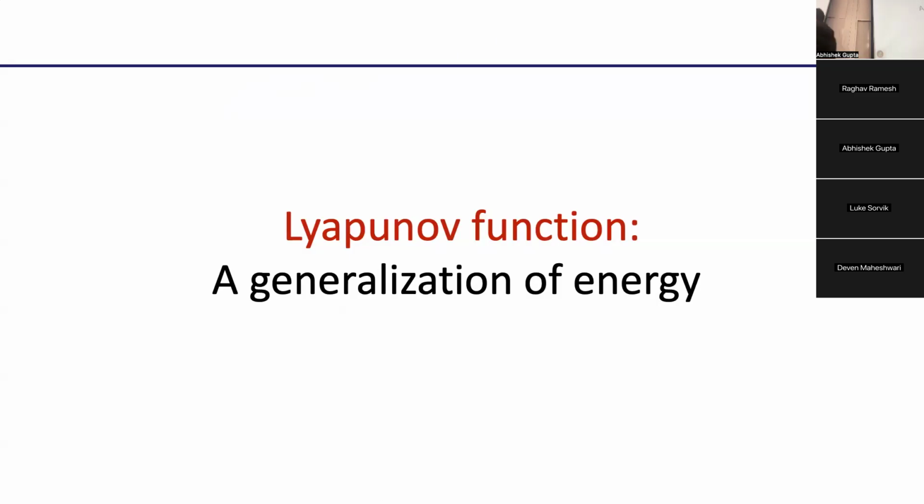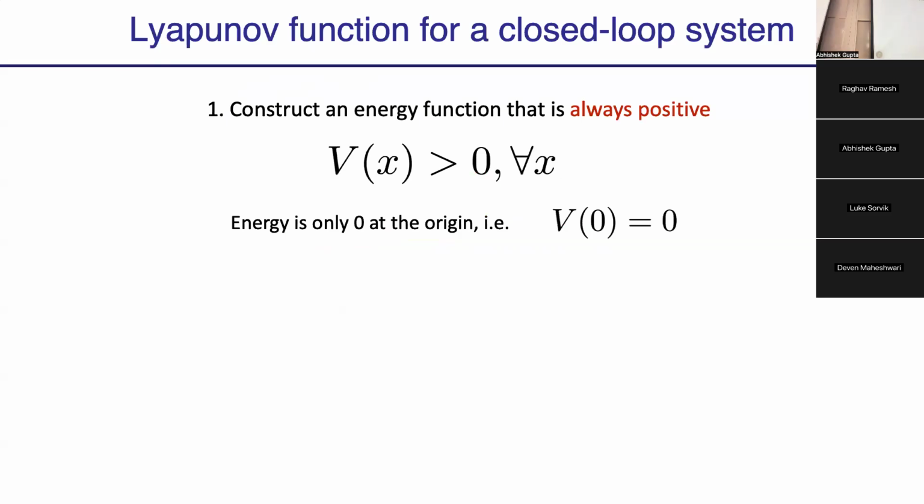It doesn't need to be literally the energy of the system. It is a function that is always positive, unless you're at the final point, in which case it's zero. And it is always reducing with time, which means that the gradient of that function is negative. So the conditions for a Lyapunov function are that V of x is greater than zero for all x, but it's only zero at the origin.